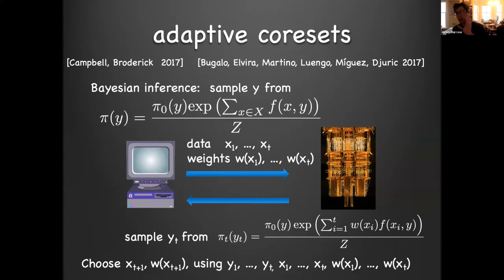And then, yeah, so I'm going to move on to a more concrete example. This was maybe a little bit general. I'm going to move on to a more concrete example where we have an algorithm I can fully describe with a provable performance. This algorithm is sort of a heuristic. Like it's a plausible algorithm. Campbell and Broderick have a concrete proposal, which I just won't go into right now.